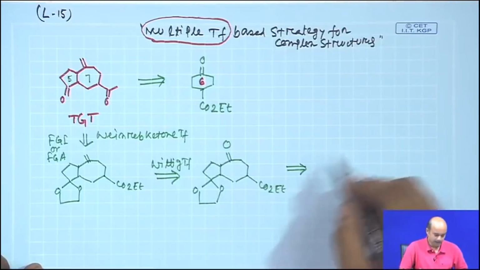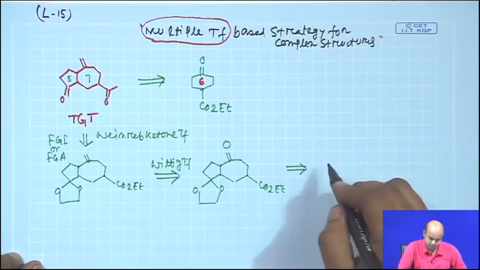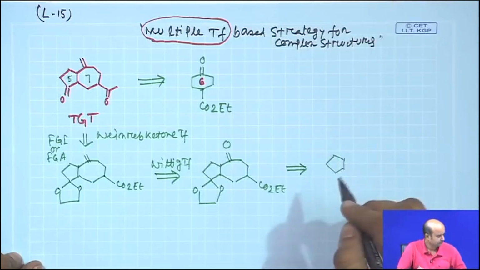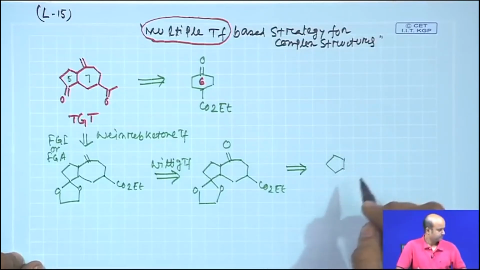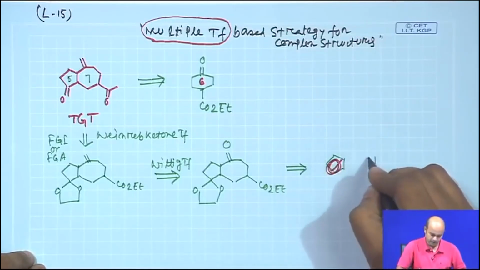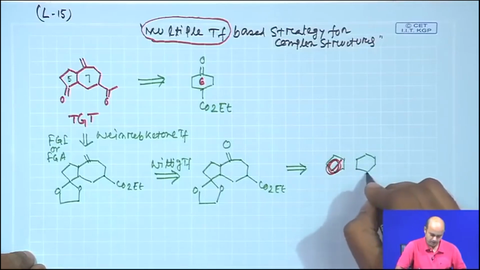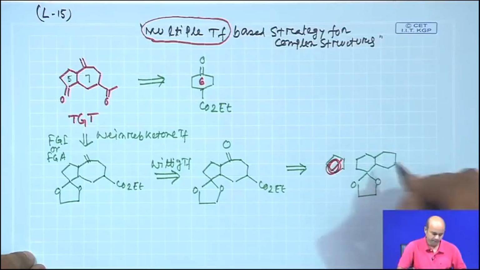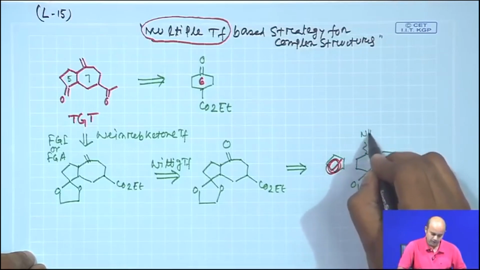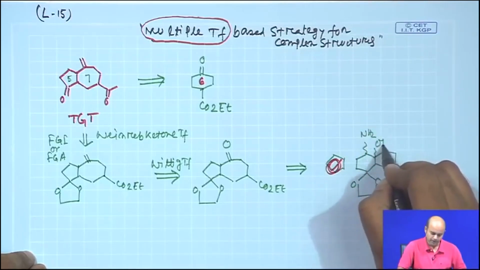So, based on this, we will try to have a retro which is very tricky, in the sense I will explain why it is very tricky, and I am sure these kinds of transformations all of you probably studied.